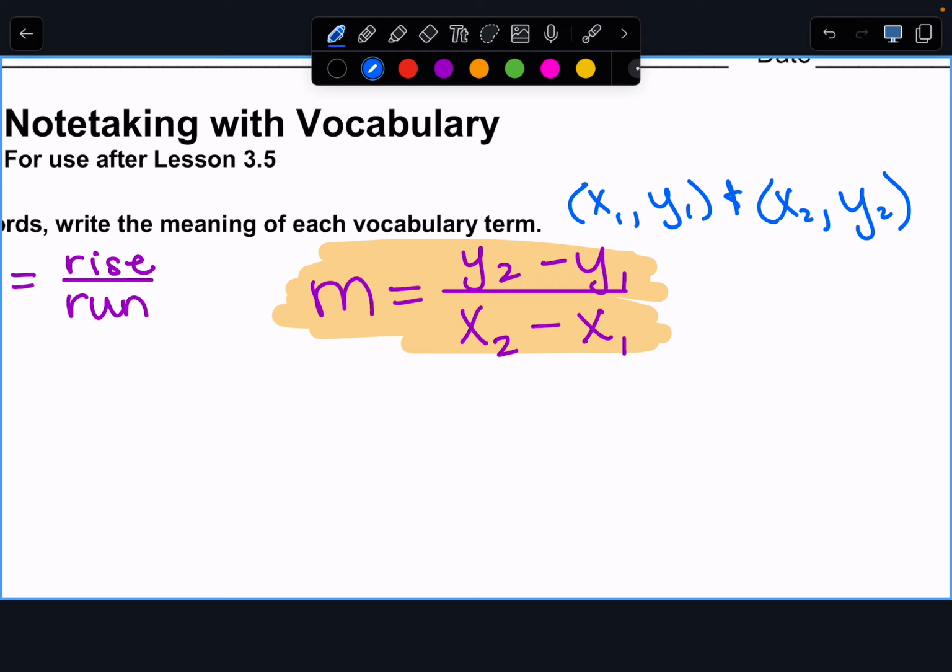Yes, the 2 dots. And how do you know which one to subtract from? You decide. So usually I take the second one as my 2 and the first one as my 1. It doesn't matter, but you just got to keep this from the same coordinate, and this from the same coordinate.